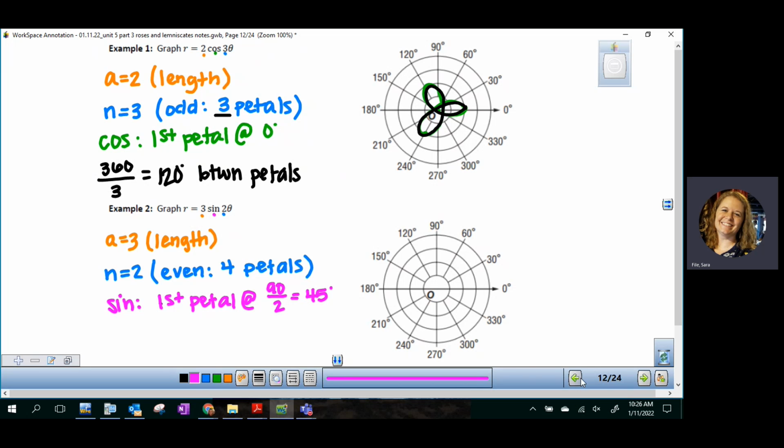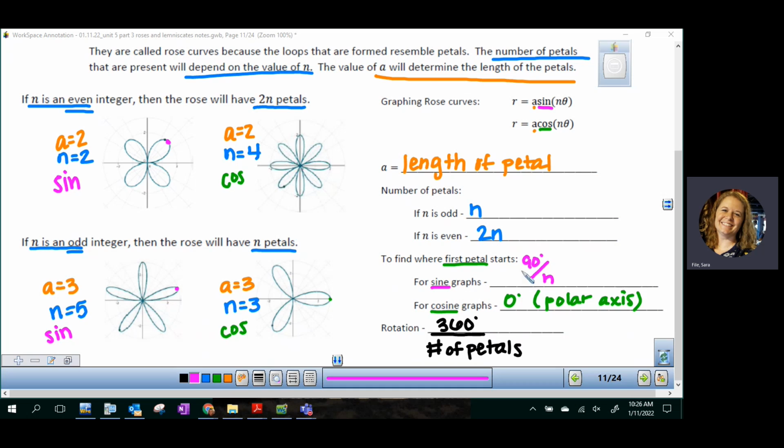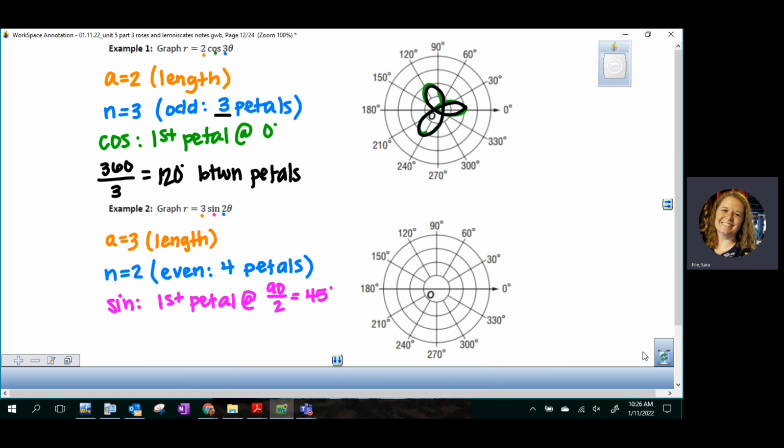It's always 90. That's what we wrote here. It's always 90 divided by N. If it's a sine function, you always do 90 divided by N to see where the first petal should be. Okay, so make sure you have that written down there to refer back to. So 90 divided by N, which was 2, is 45 degrees. So the first petal is going to be at 45 degrees.